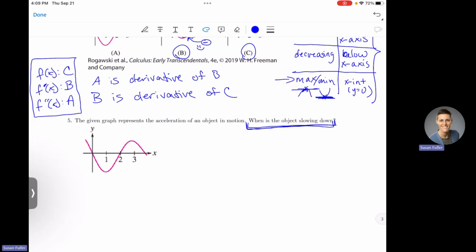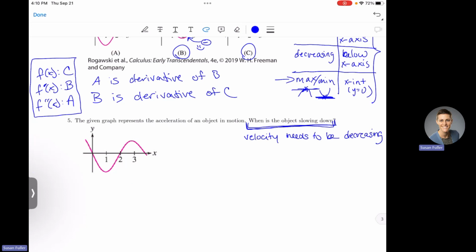So if my object is slowing down, what would it mean for something to slow down? Well, to slow down, I need my velocity to be decreasing, right? We need our speed to be going down in order to be slowing down.